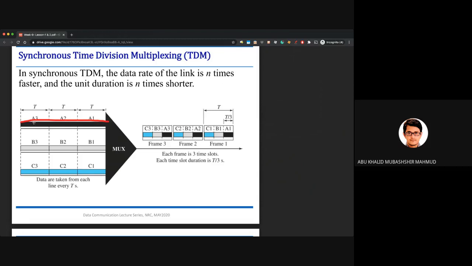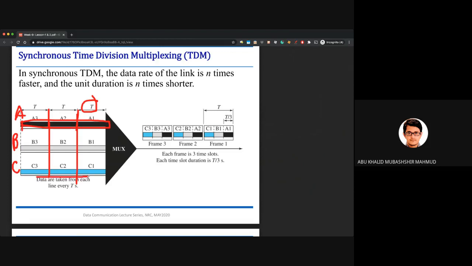So this is the total data of channel A. Then we have the total data of channel B, and this is the total data of channel C. What happens here is that we cut off, or segment, this whole data into equal parts using a time slot with a duration of t.